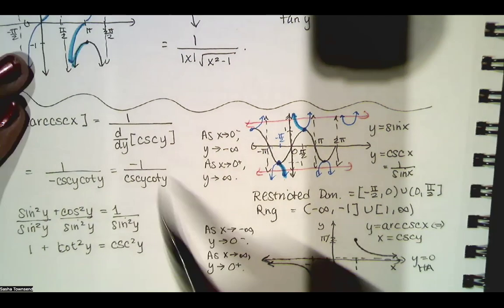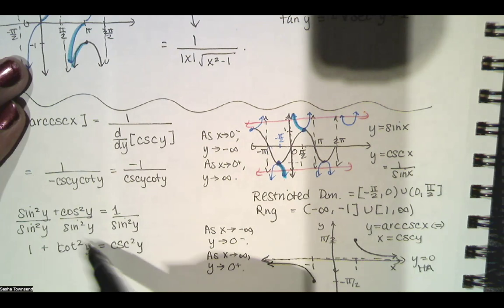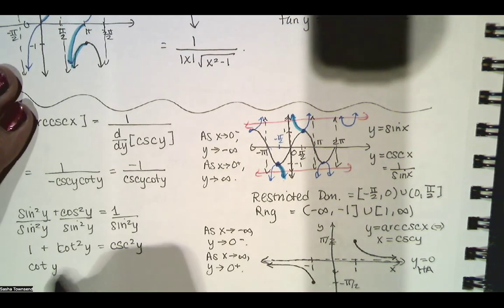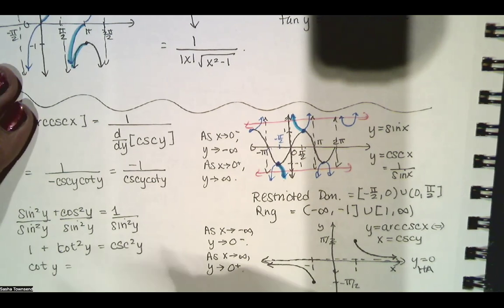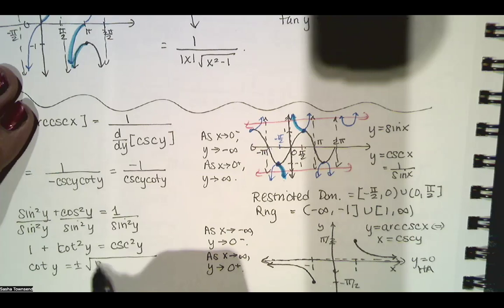So this cotangent of y can be written in terms of cosecant of y if we rearrange this identity. I want to get cotangent of y by itself. So I'll say cotangent of y is equal to, subtract this 1 from both sides, don't forget your plus or minus, cotangent of y is equal to plus or minus the square root of cosecant squared y minus 1.